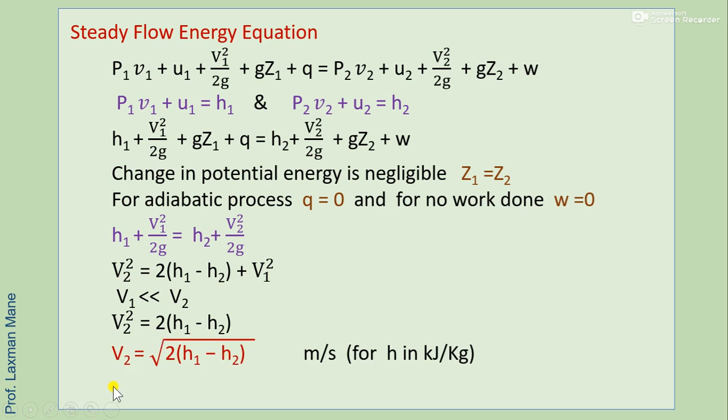So the velocity at outlet of the nozzle will be equal to square root of 2 into (H1 minus H2), provided H is in kilojoule per kg, and V2 is equal to square root of 2000 into (H1 minus H2) in meter per second, where the value of H is in joule per kg. Here 1000 is a conversion from kilojoule to joule. So 2 into 1000, that is 2000.